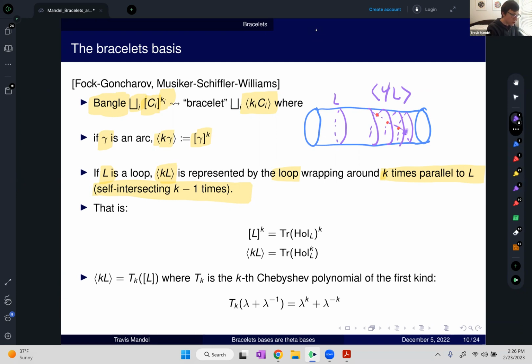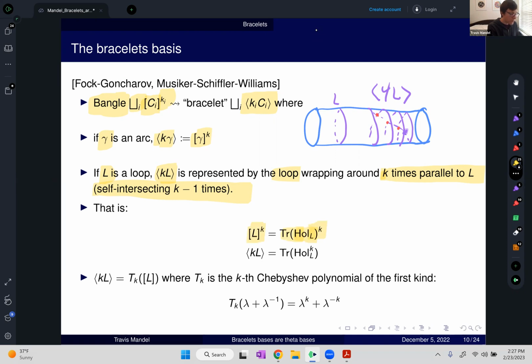and so then this would be the associated bracelets element. So again, the bangle, you would take k distinct copies of the loop. With the bracelet, you just keep wrapping around parallel to the loop k times, and then close back up. So in terms of these moduli local systems picture, the bangle was the trace of the holonomy around L raised to the kth power.